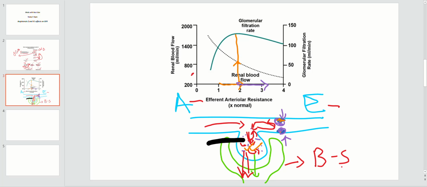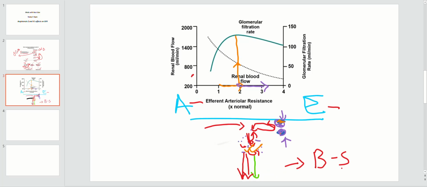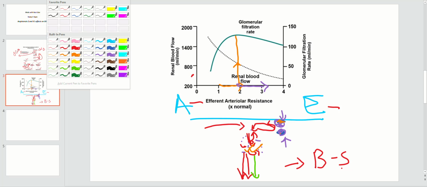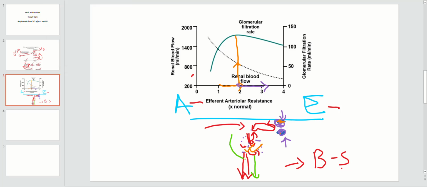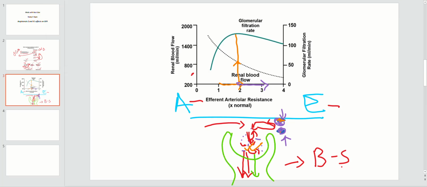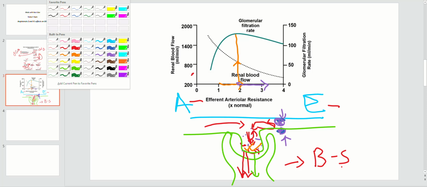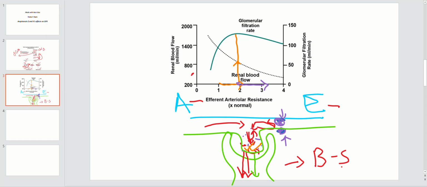This oncotic pressure, which is produced by your proteins, will cause a reversal of this filtration.